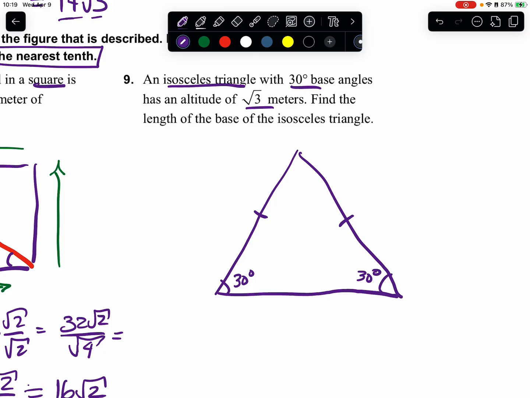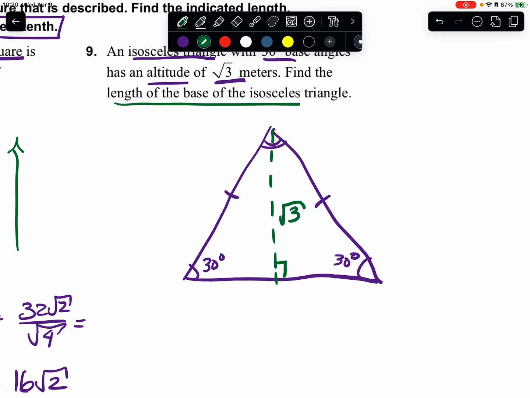All right, well, I could ask what's this angle? But they give us one other thing, radical 3 is the altitude. Where is the altitude in this problem? After a little thinking, you should realize this line here is the altitude line. It's perpendicular to the base, and it has to be radical 3 for a height. Okay? All right.